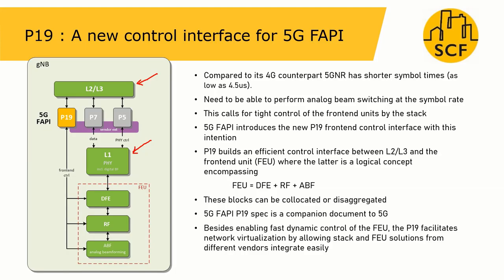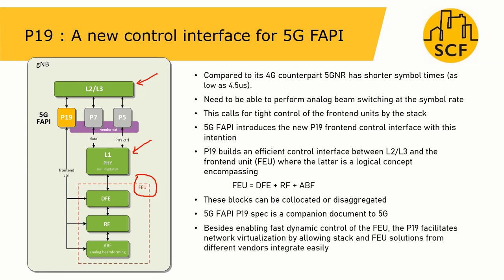These three blocks, shown in dashed lines, are collectively referred to as the front-end unit. It's important to note that the front-end unit is a logical abstraction, and its individual physical components can be collocated, such as inside a remote radio unit, or they can be distributed among CU, DU, or RU.